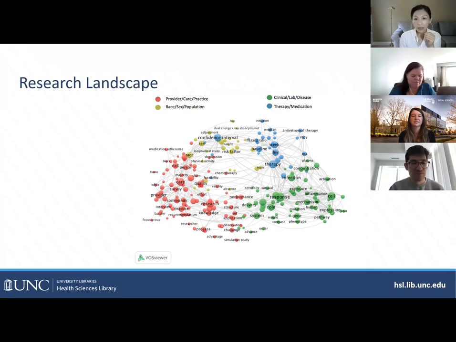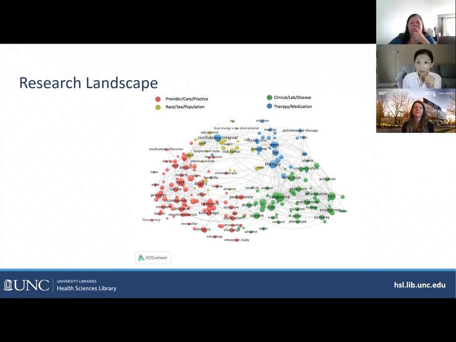And for this case, we used title and abstract of TRAC-funded publications. And I created this visualization using the software I introduced, VOSviewer. So in VOSviewer, there is a text mining function. In this text mining function, it automatically extracted the highly occurring terms in title and abstract.